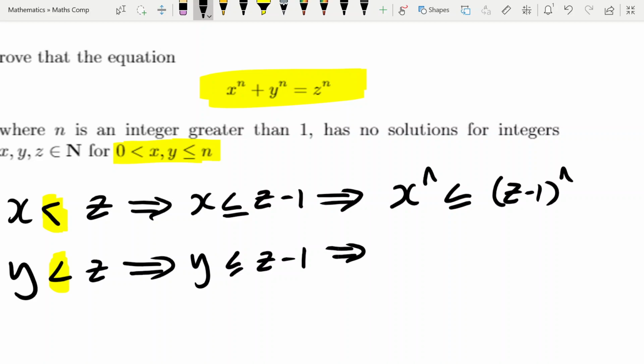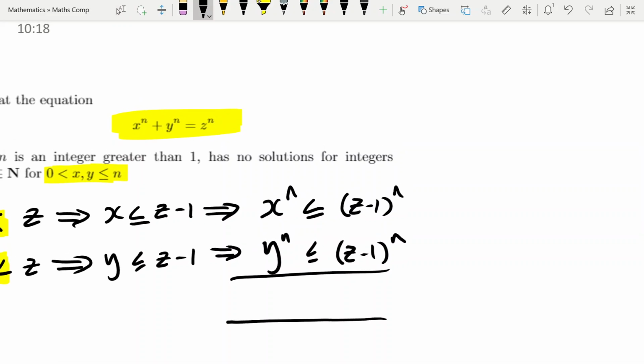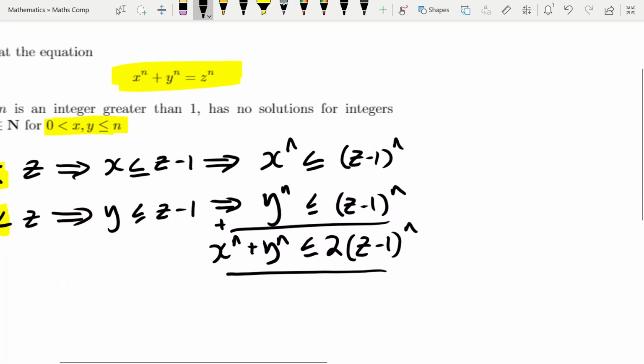And with that same logic, we can say y to the n is less than or equal to z minus 1 to the n. Nice. If we add these two inequalities together, we get the following result. x to the n plus y to the n is less than or equal to 2 times z minus 1 to the n. This isn't so useful.